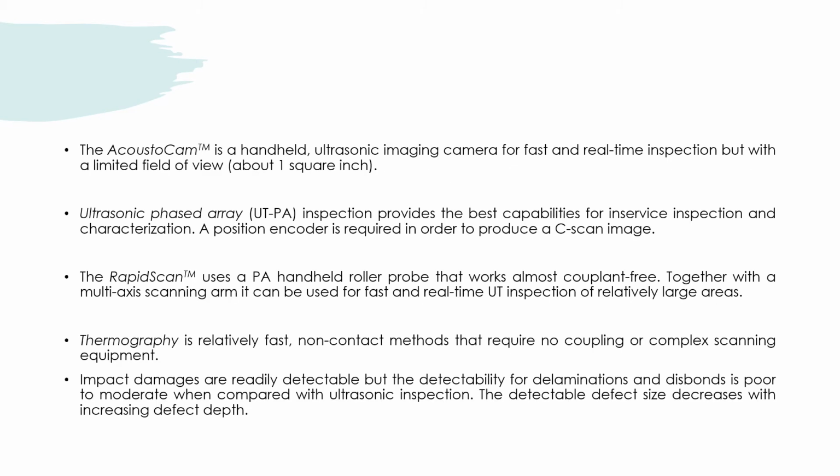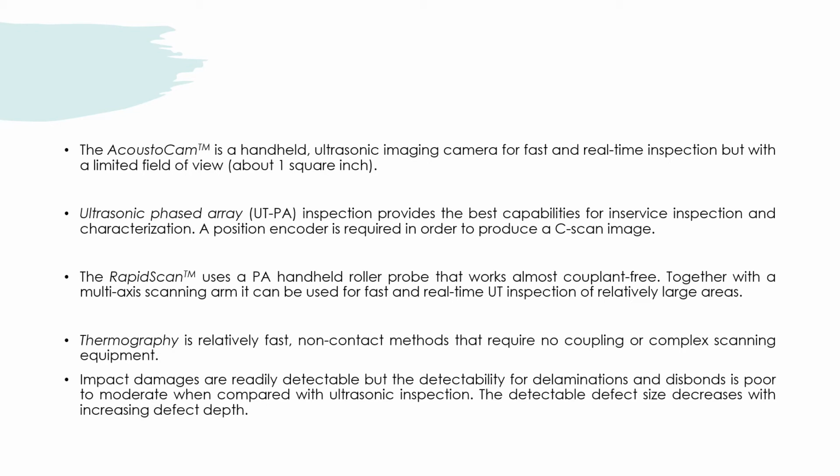The AcoustoCam is a handheld ultrasonic imaging camera for fast and real-time inspection, but with a limited field of view, about 1 square inch. Ultrasonic phased array, that is UTPA inspection, provides the best capability for in-service inspection and characterization.